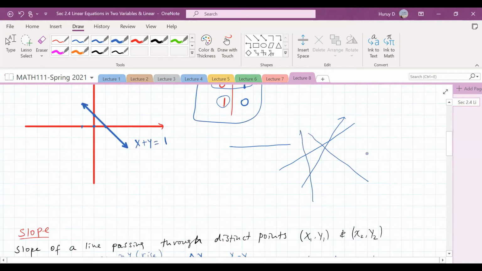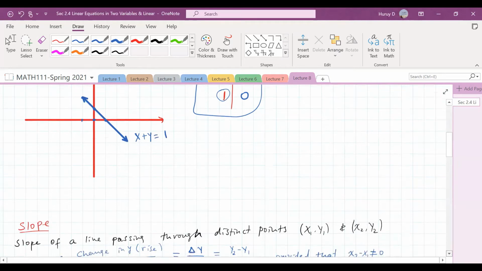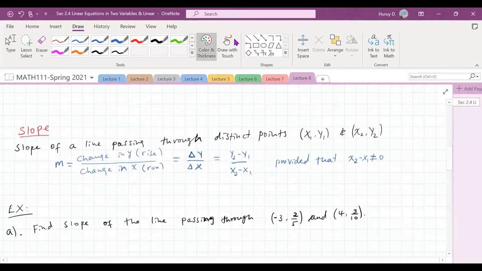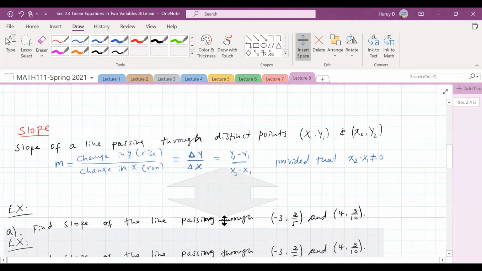And maybe like this one, or vertical. So how do we tell the steepness of these different lines? To answer that question, we need to find the slope of the line.